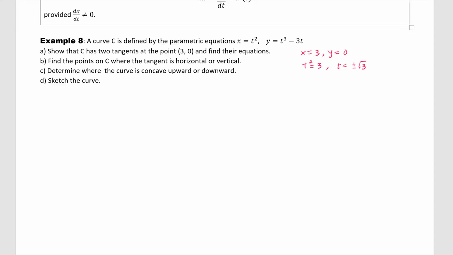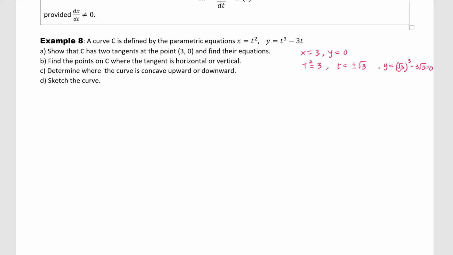In that case, y, when we plug in plus or minus square root of 3, is the square root of 3 cubed minus 3 square root of 3, and this will cancel, right?